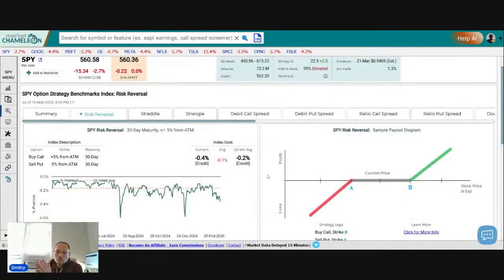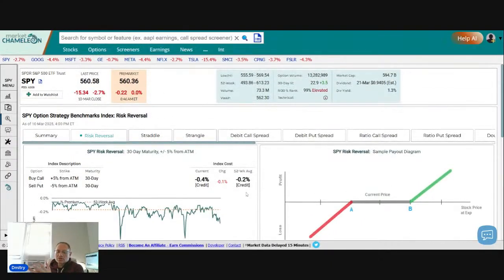So really quickly, what this does is allows us to look at a certain option strategy and how that's being priced in the market. It's also given us an indication, if we wanted to do this strategy, what would be the cost of it now relative to history, and what are the markets signaling based on this strategy.